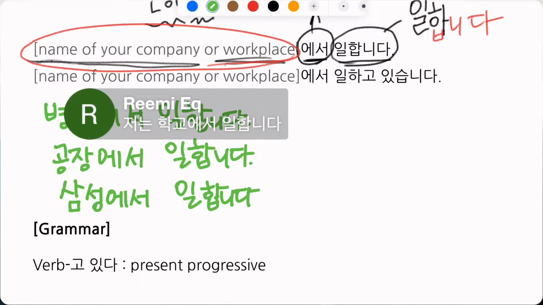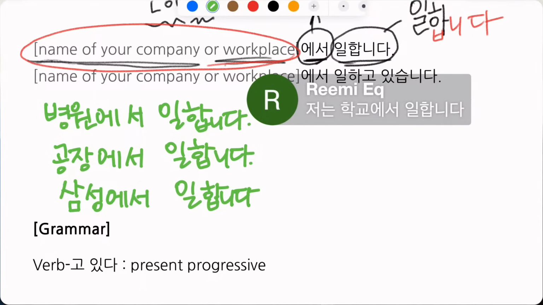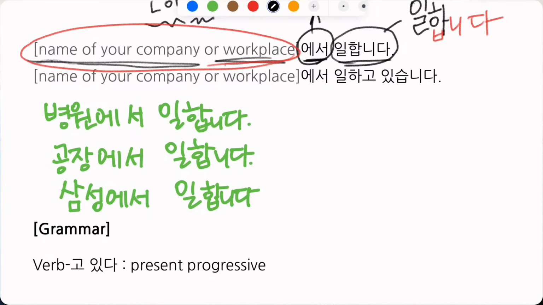그리고 아르미님은 이제 영어 선생님이니까 yes, of course, she works at 학교. 저는 학교에서 일합니다. 그렇죠. 학교도 있을 수 있죠. 그리고 another way you can say is 일하고 있습니다. So they basically mean the same thing. 일합니다 and 일하고 있습니다. But this 일하고 있습니다 is a combination of 일하다, the verb that means to work, and 고 있다, which makes the verb into a present progressive.